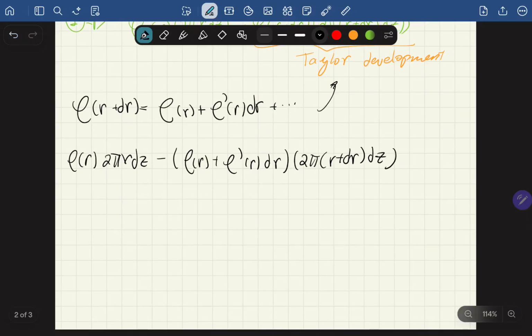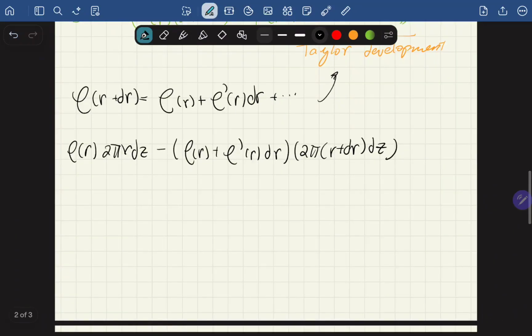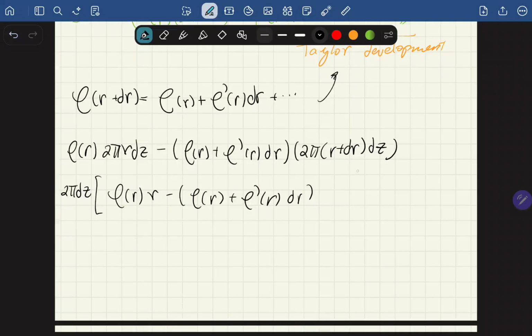So what we can do here is apply the distribution. I'm going to put 2 pi dz in evidence here, so it's going to be 2 pi dz that multiplies phi r times r, minus phi r plus phi prime of r dr, that multiplies r plus dr, right? Yes.